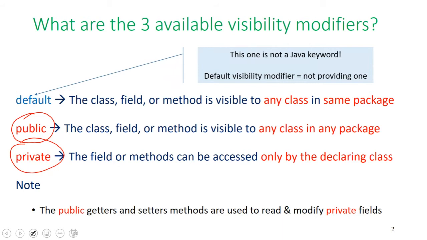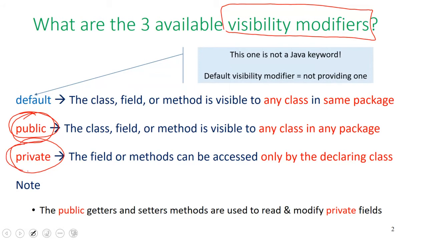So the idea of visibility modifier is that in front of any declaration in Java, for example the declaration of an attribute inside a class, or the declaration of a method inside a class, so we're talking about declarations of class members, attributes or methods, you may have three scenarios. One, you put the public keyword.